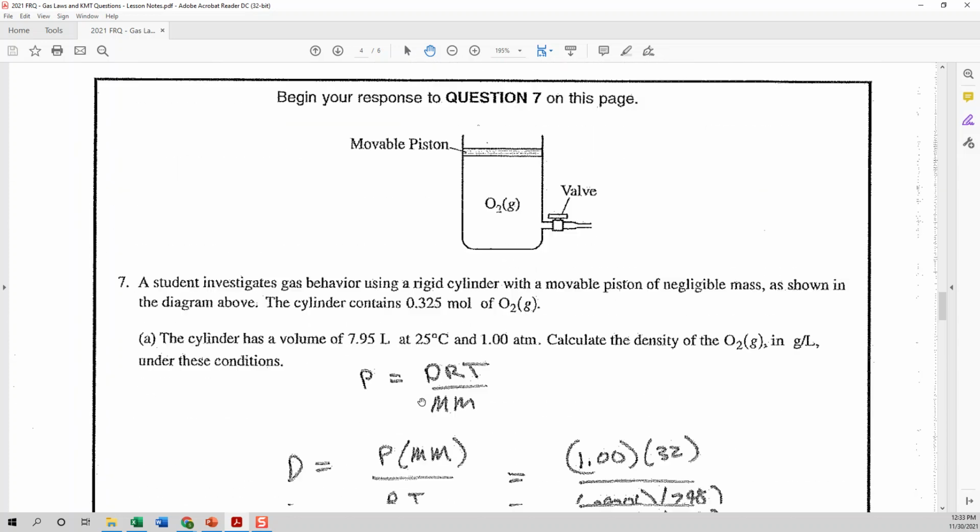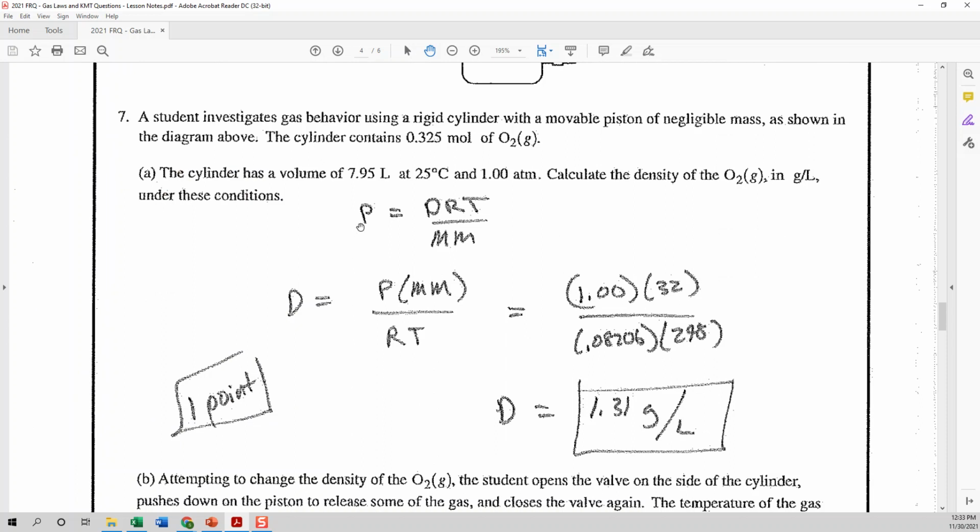If we go to the answer key here, remember, pressure equals dRT over molar mass. So if we replace this and solve for density, that means density equals pressure times molar mass over RT. Our pressure was 1 atmosphere, molar mass of O2 is 32, our R value 0.08206 because the pressure we used was atmosphere.